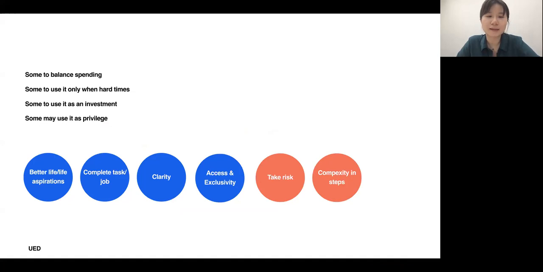As I mentioned already, there are better life aspirations and the job to be done of completing payment, and also the clarity of their bills and their spending, helping them visualize it so that even for a market with relatively less income, you could actually help them manage their money in a better sense.